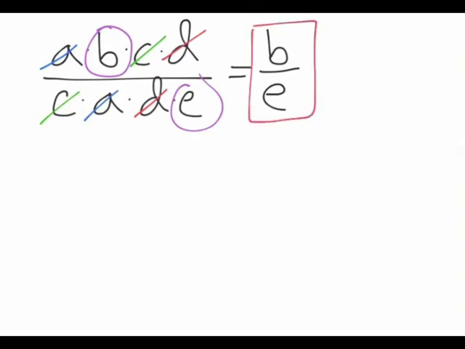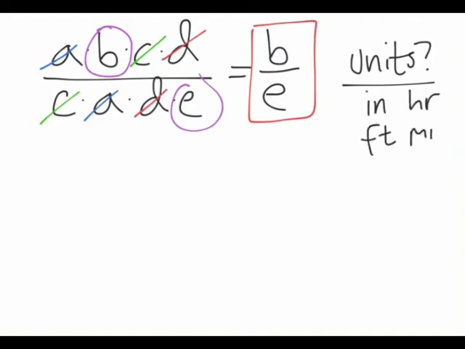Well, if we can do it with letters, can we do it with units? And what exactly do I mean by units? Well, units are, for example, inches, or feet, or hours, minutes, miles, etc. These are all units of measurement.